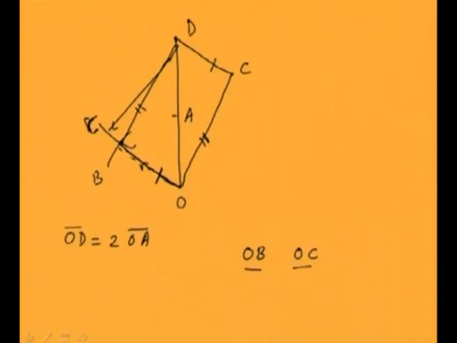Now because it is a parallelogram, you can see that this particular line AB is equal to AC. That is the condition we require, because AB is the effect of the trial unbalance and it should be equal to AC, and they are in opposite directions, so negative.